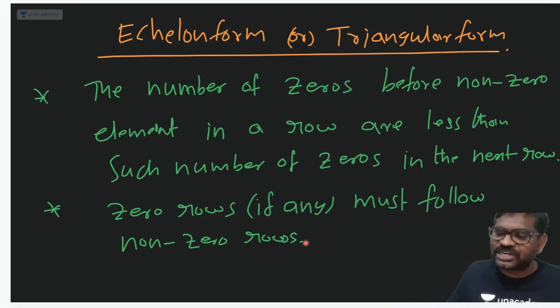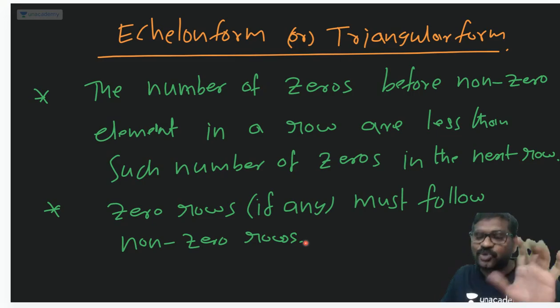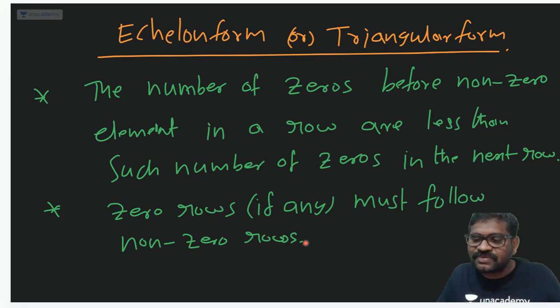These are the two conditions. First condition is designed for non-zero rows. Second condition is designed for zero rows. I mean, first condition you should not apply on zero rows. Second condition you should not apply on non-zero rows.